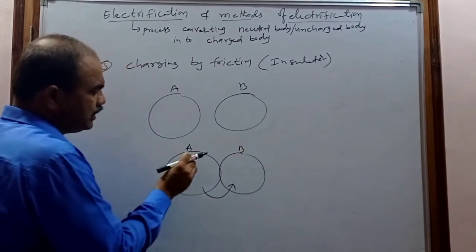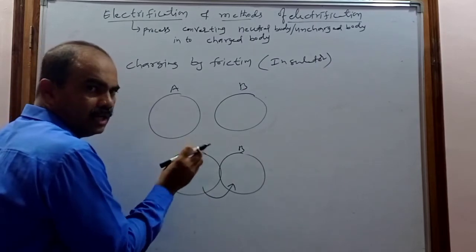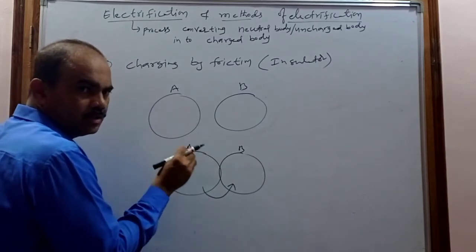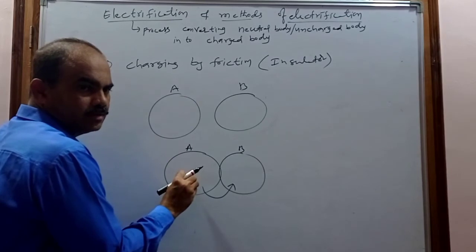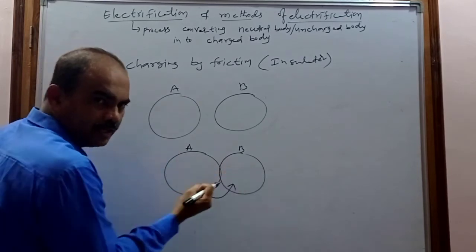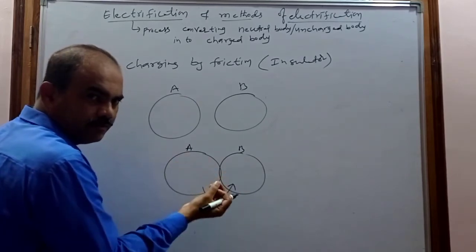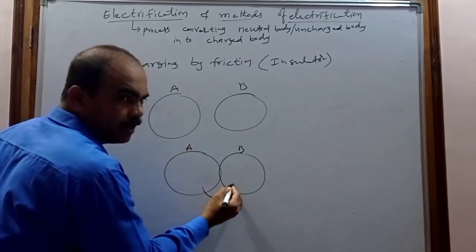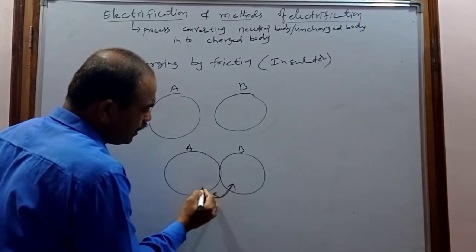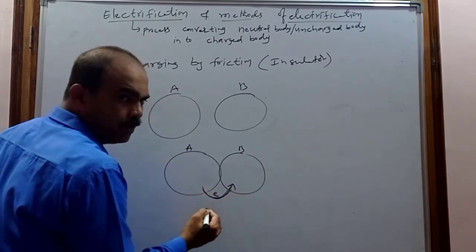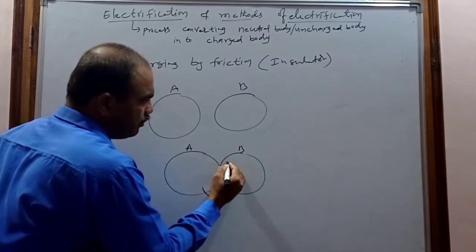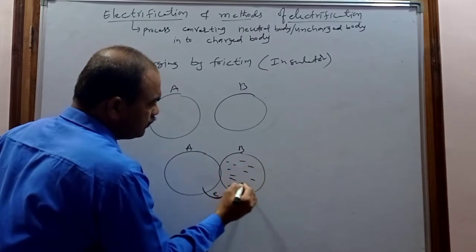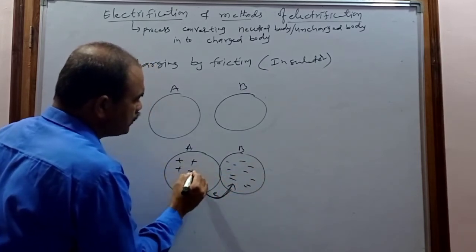For example, in body A the electrons are loosely attached to the nucleus of the atoms. When they receive this heat energy, they are detached from the nucleus and transferred from body A to body B. So body B becomes negatively charged and body A becomes positively charged.